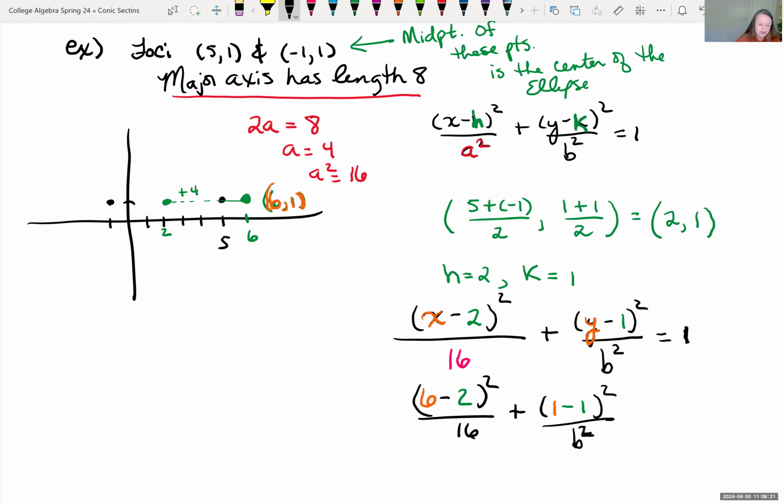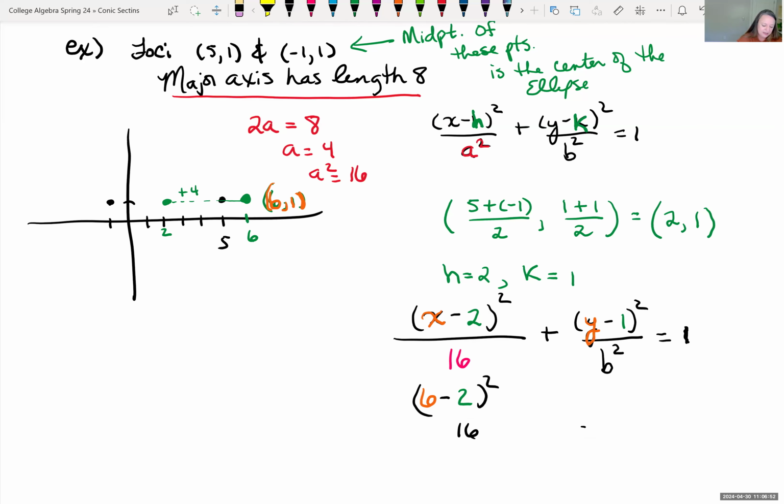So let's look at the other point and see if that would work. Actually, that's going to give me a 0 there. What I'm doing right now, when I'm plugging in that point, I'm always going to get a 0 over b squared. So that's not going to help me. Okay, let's go a different route. That might work sometimes, but it didn't work this time.